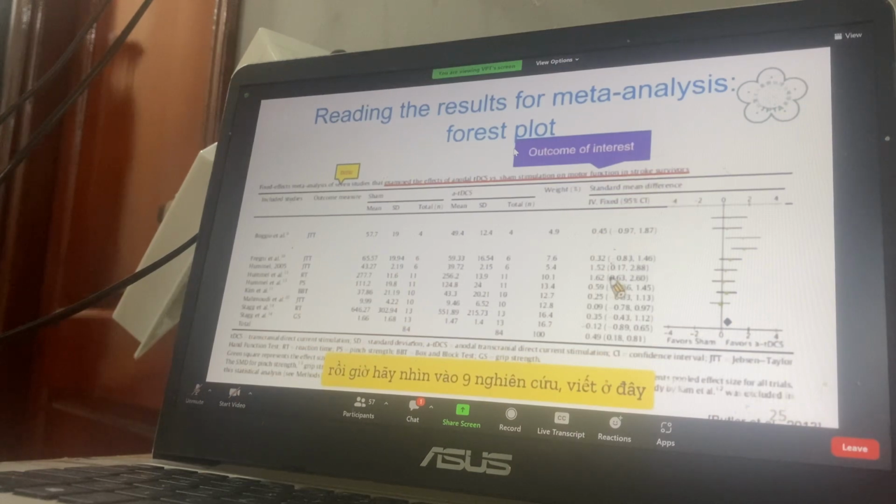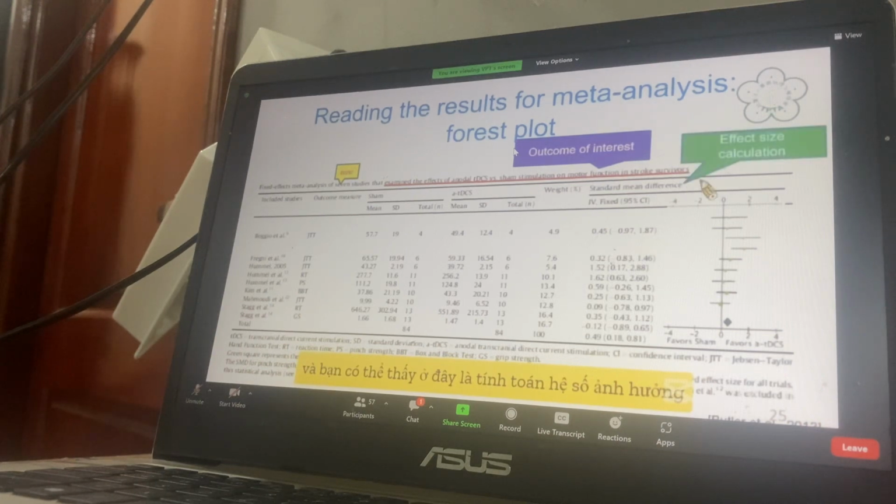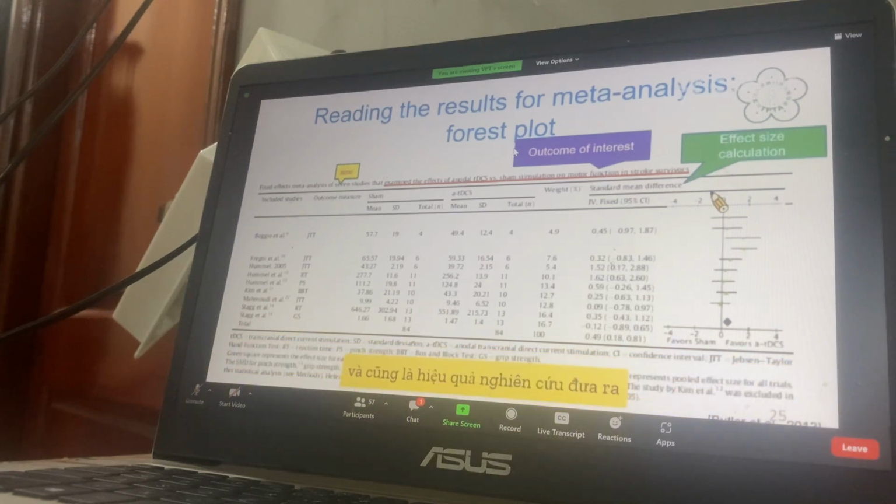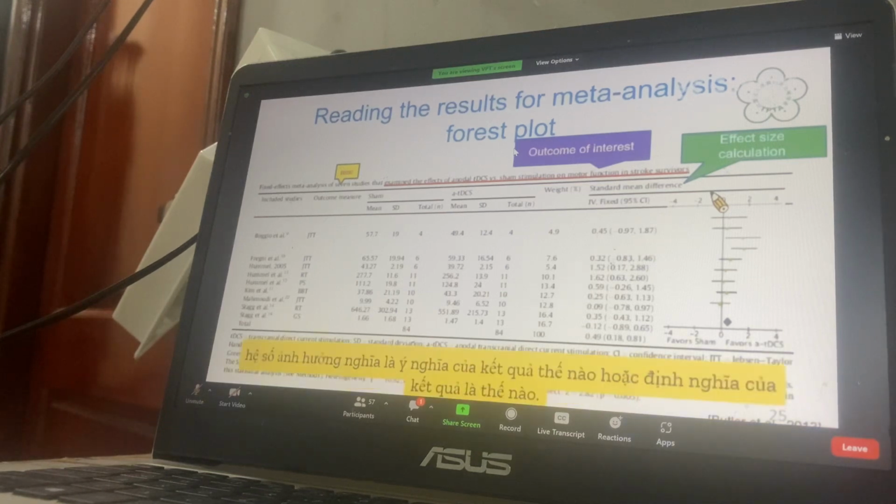Okay, now let's look at these 9 studies written up here. And what we can see here, first of all, we can look at the effect size calculation. There are multiple ways to calculate effect size. And a lot of the time, the authors would calculate effect size based on the sample size and also the effects that the study shows.